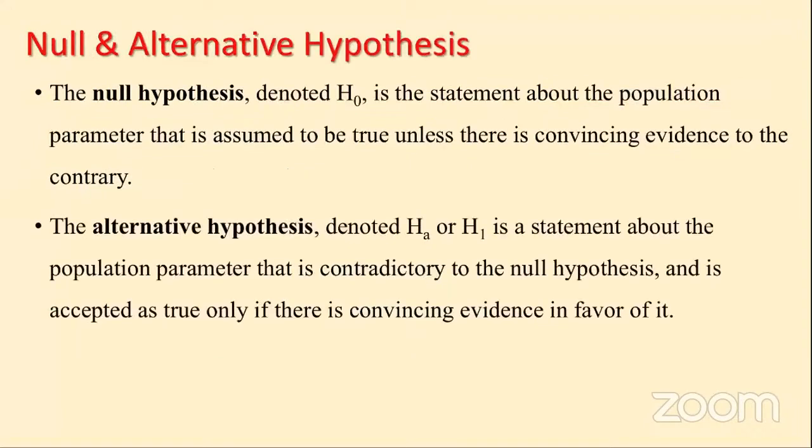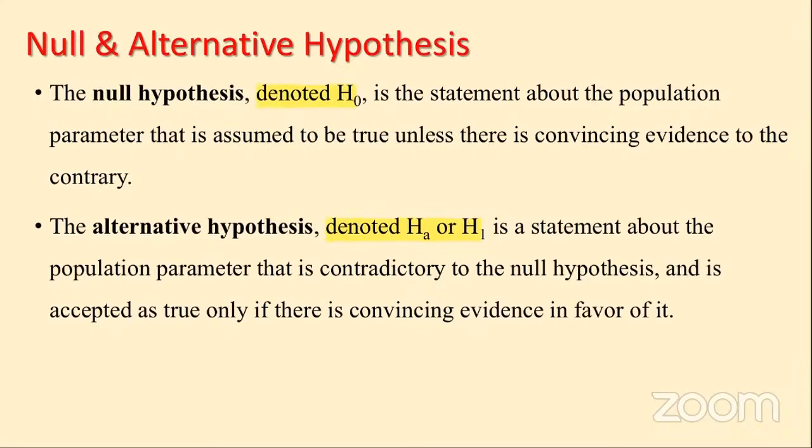As I have shown you in the previous slide, the null hypothesis is denoted by H sub O, and the alternative hypothesis is denoted by H sub A or H sub 1. Remember, the null hypothesis is the statement about the population parameter that is assumed to be true.